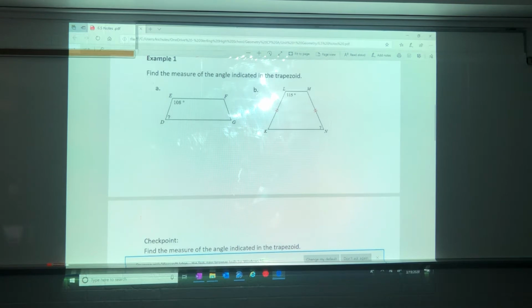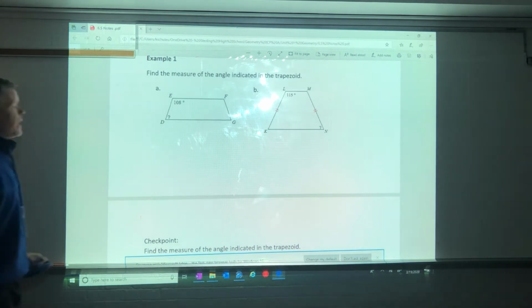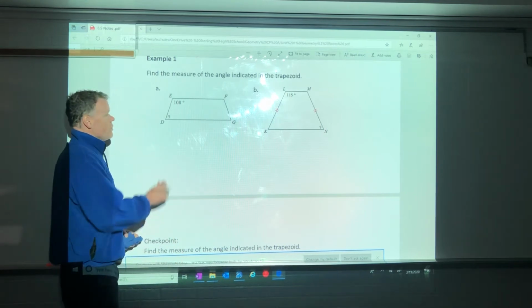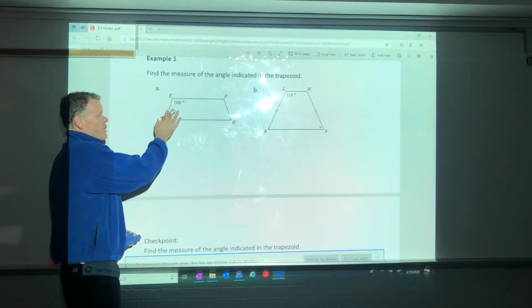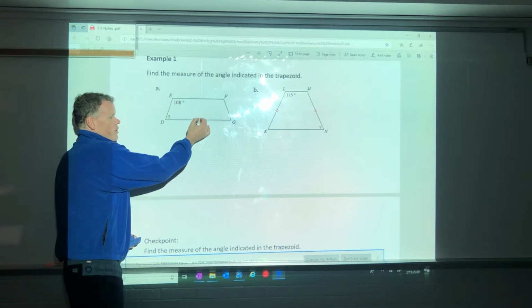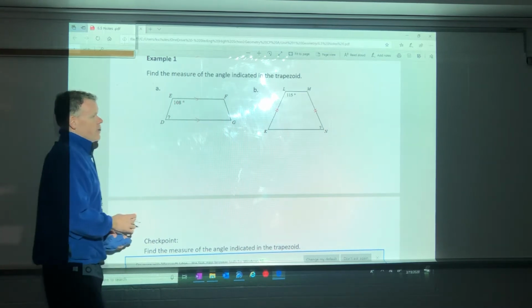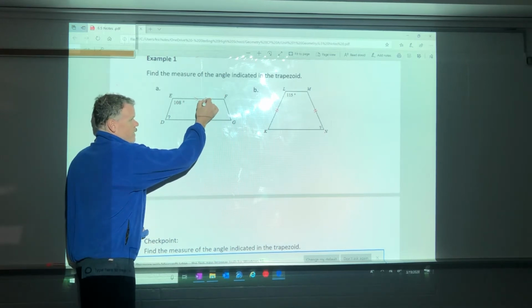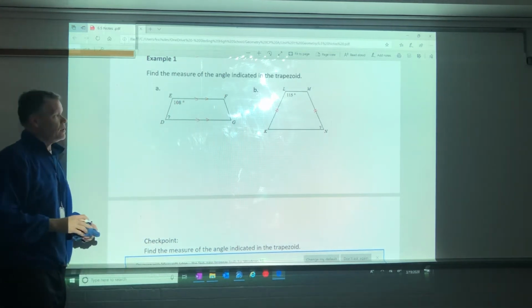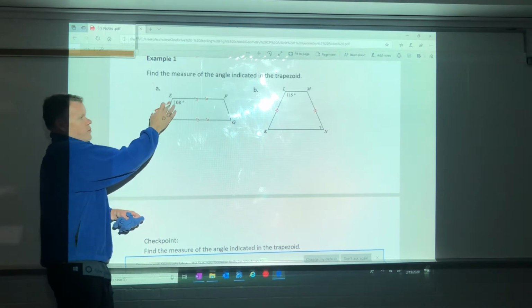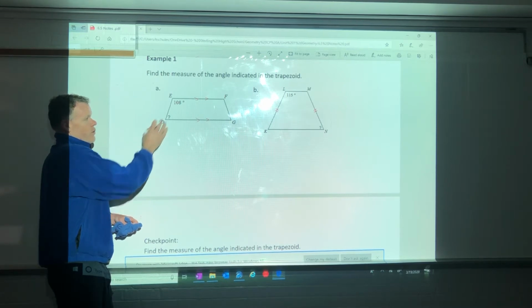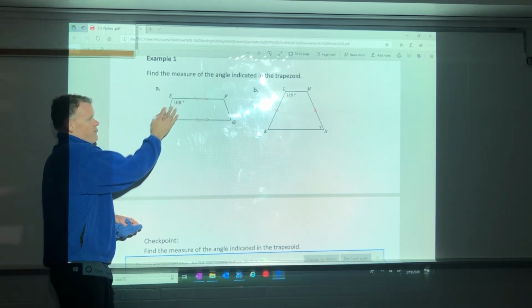We want to find the measure of the angle indicated in the trapezoid here. So if this is 108, again, these are like consecutive interior angles. A couple of things we want to notate. If we have a trapezoid, we know these two bases are going to be parallel. And we said with a trapezoid, if you're looking at angle E and angle D, and that's what you're asking for, angle D, they are going to be consecutive, just like consecutive interior angles.